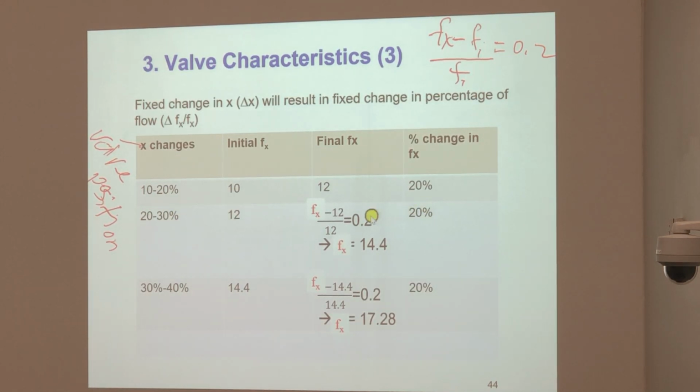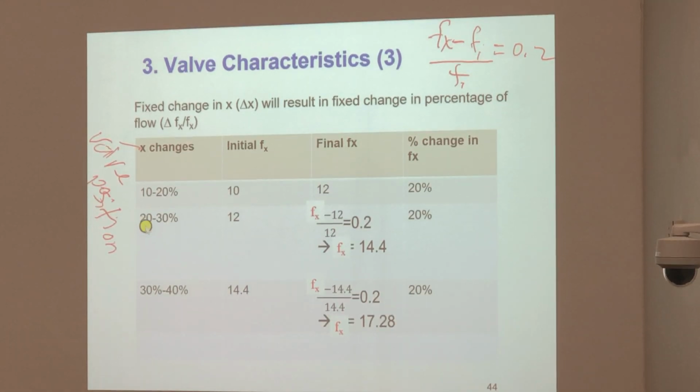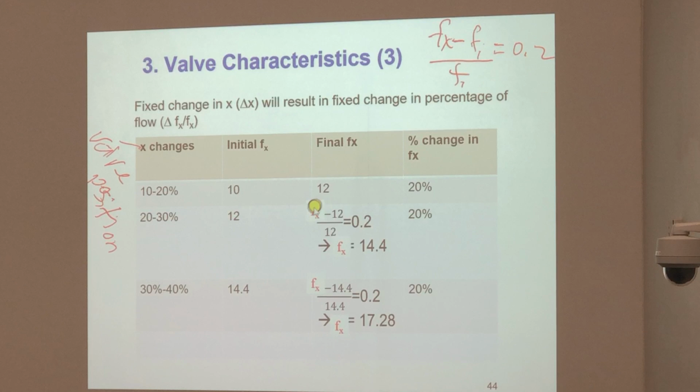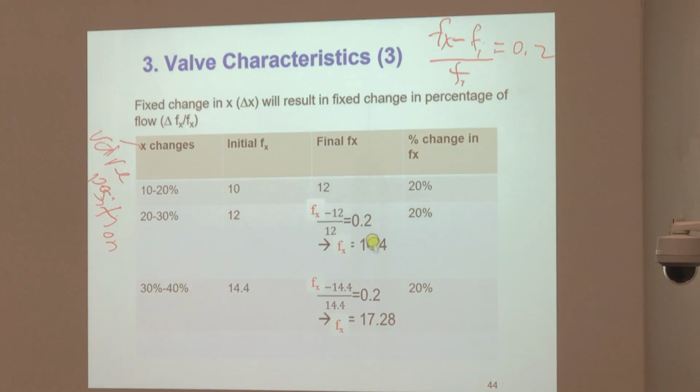So I have 0.2. When I calculate, my final fx is 14.4. This means that to increase from 20% to 30%, the fx has to increase from 12 to 14.4 if I want to size or calculate my control valve.